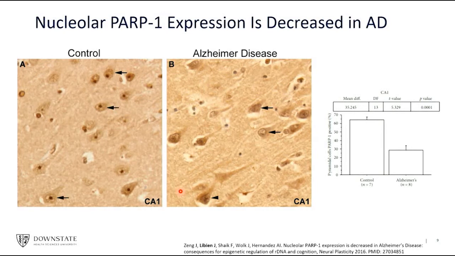And what we found in the control individuals was that there's this distinct staining of the nucleolus by PARP1, and that you can kind of see these very sharp borders, and then a loss of that distinct staining, a more diffuse staining in Alzheimer's disease. And we did various types of quantification of that.